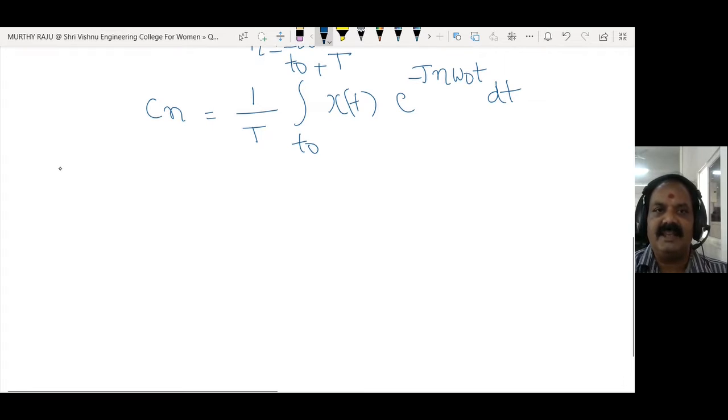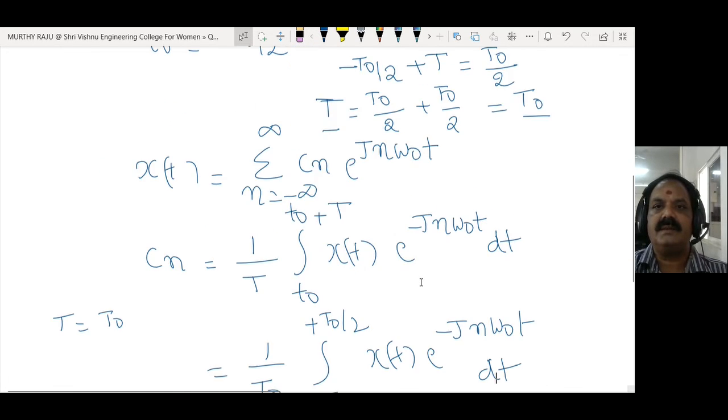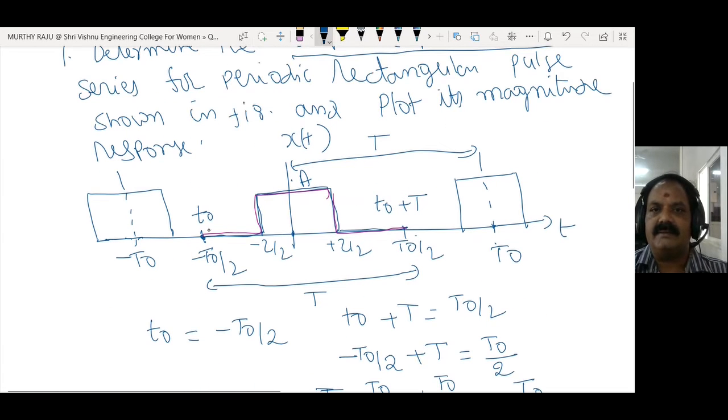Here 1 by T is equal to 1 by T0, integral from minus capital T0 by 2 to plus capital T0 by 2 of x of t e power minus j n omega naught t dt. Here, in the interval minus T0 by 2 to T0 by 2, some sub intervals are there.